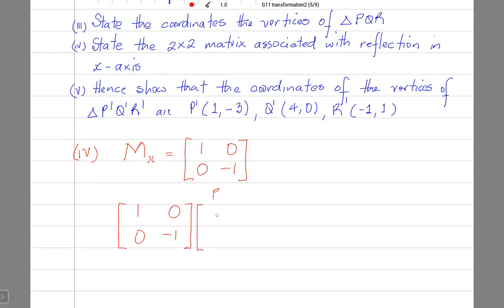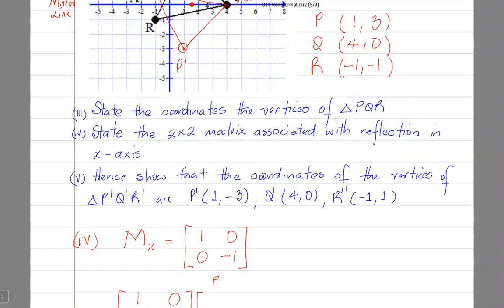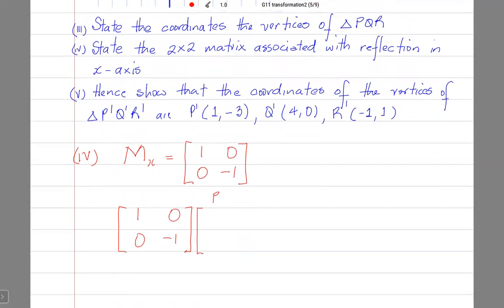So this is P, which is 1, 3. Q is 4, 0, and R is -1, -1.